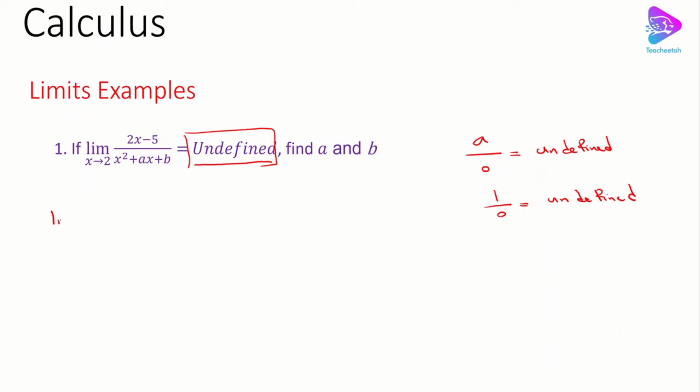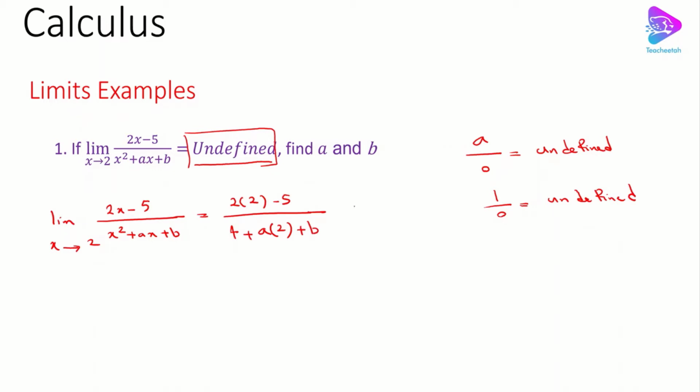So we have the limit of x approaching 2 of 2x minus 5 over x squared plus ax plus b, and if we plug in 2 instead of x, we will have 2 times 2 minus 5 over 4 plus a times 2 plus b, and the answer at the end is going to be minus 1 over 4 plus a times 2 plus b.